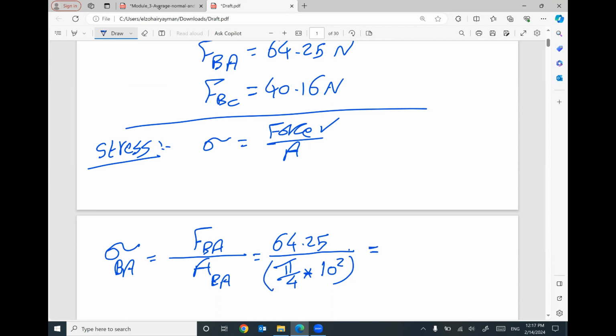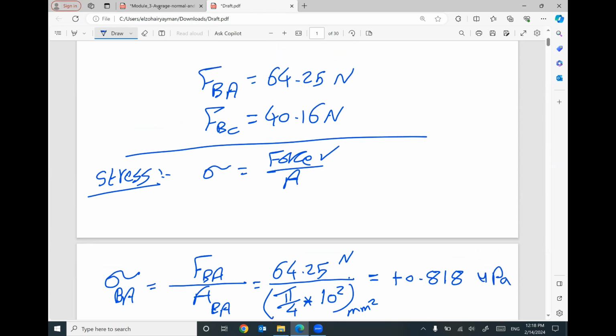So I can figure out the stress, which will be Newton per millimeter square, which is megapascal. So 64.25 divided by pi divided by 4 times 10 squared. So the stress will be positive 0.818 megapascal.